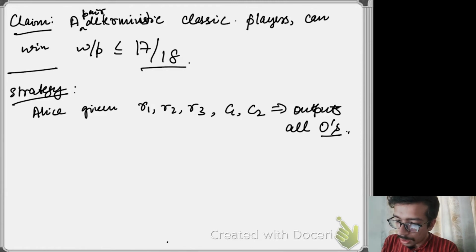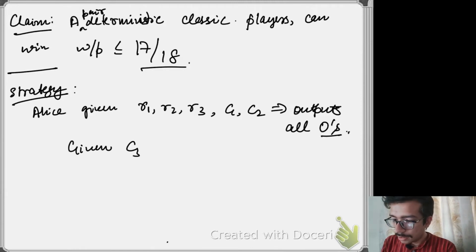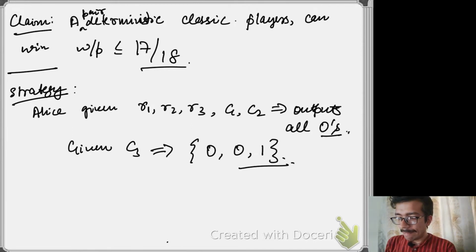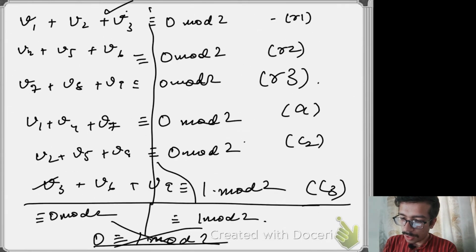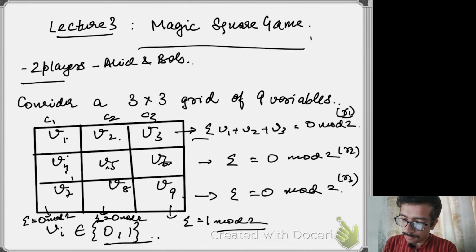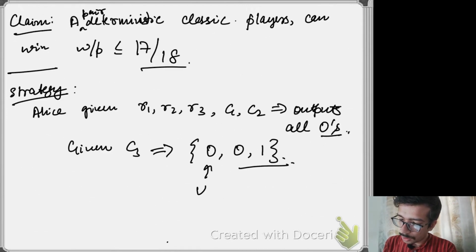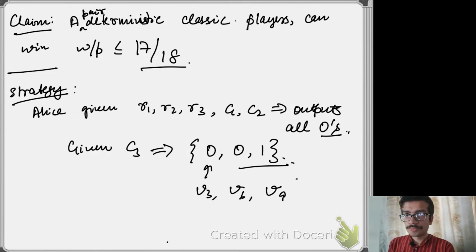Okay, given C3, she outputs 0, 0, 1, and so this is for the third column. For the third column we have the variables V3, V6, V9.